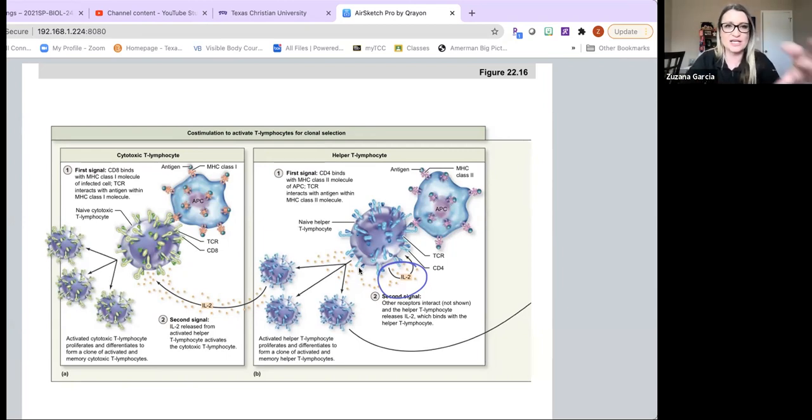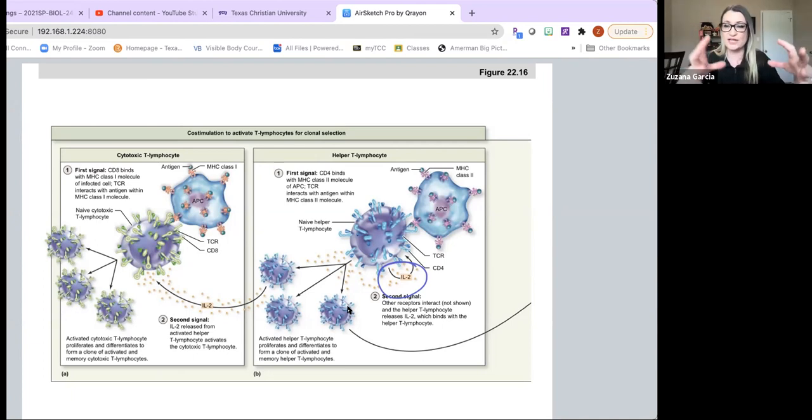As the cytotoxic T lymphocyte made a match at about the same time as the helper T lymphocyte is making its connection, the interleukin from the activated helpers tells this cytotoxic T lymphocyte, now you've seen this pathogen, so divide and send out your army into the area. That's how that works.